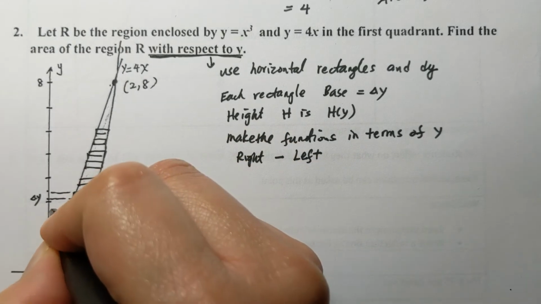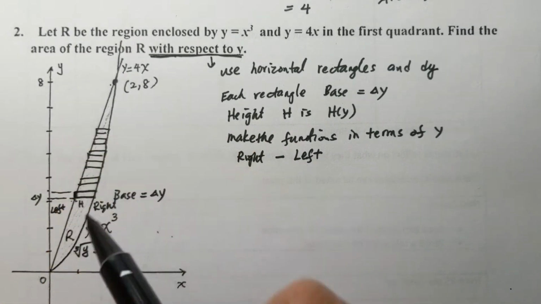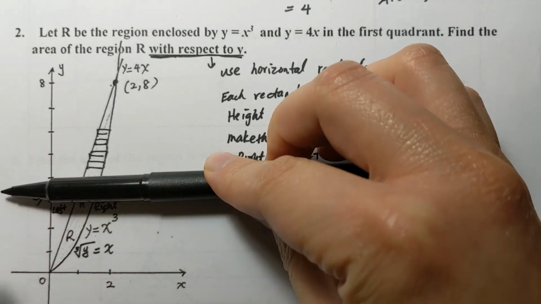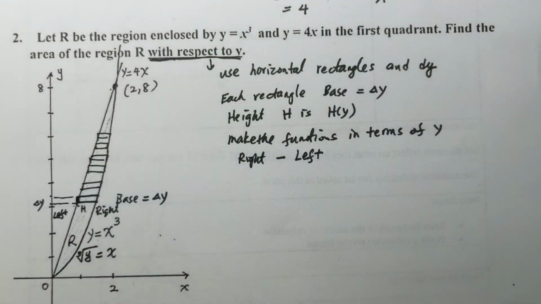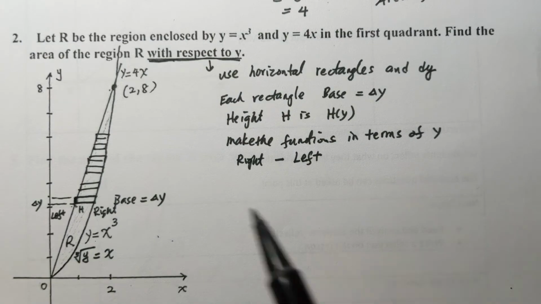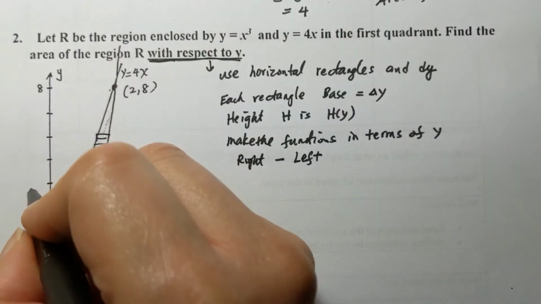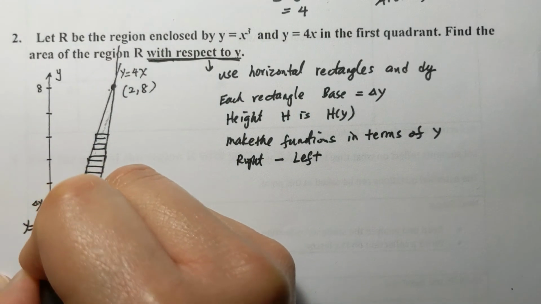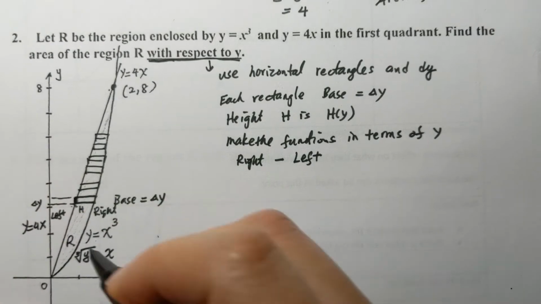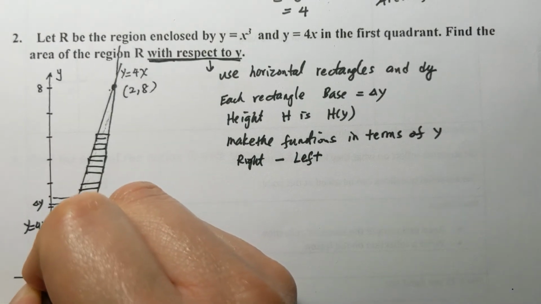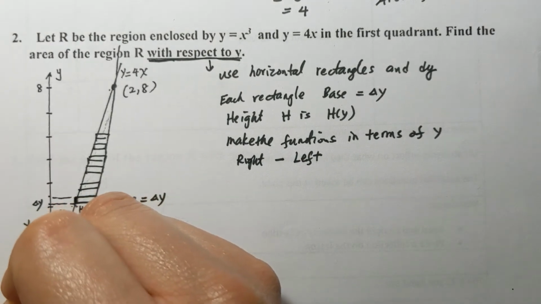And then this is going to be the left, if you look at it this way. Left, right. And then you have your function y equals 4x, and you solve for x. Divide by 4, so x equals y over 4.